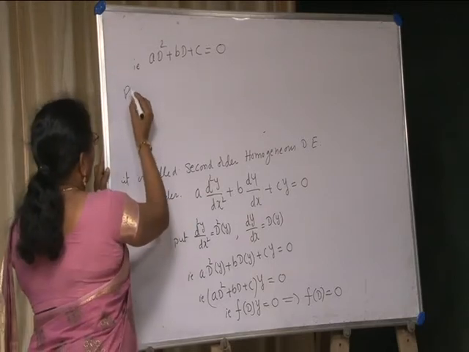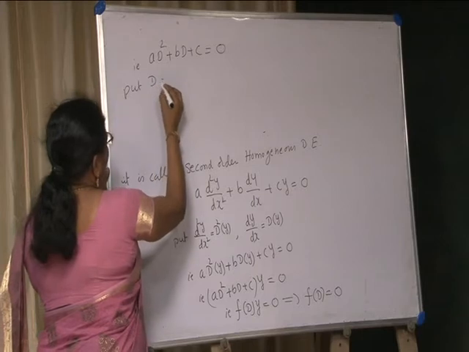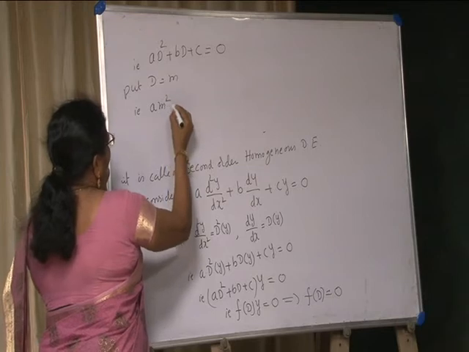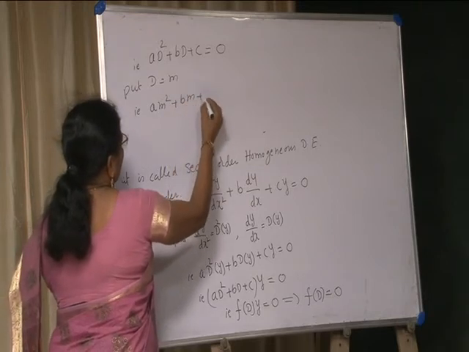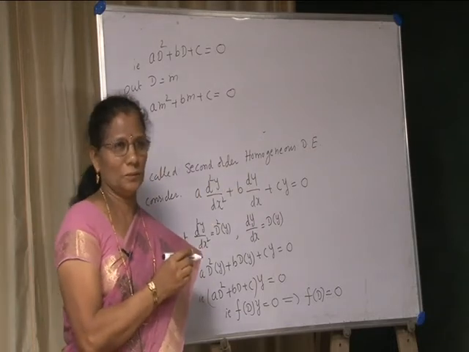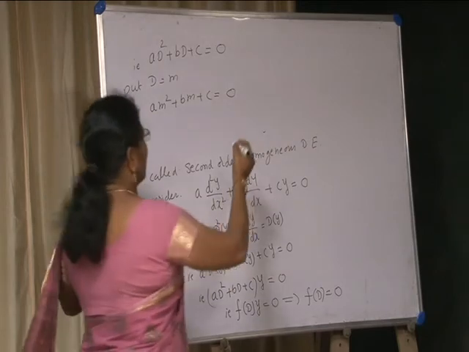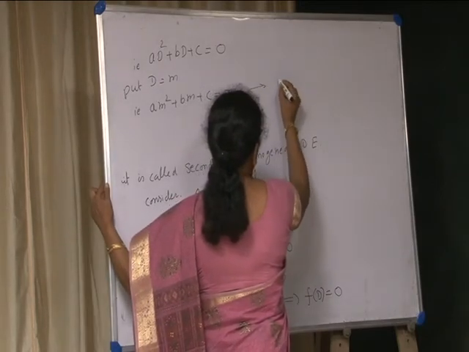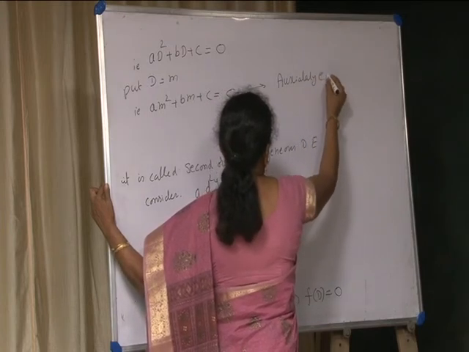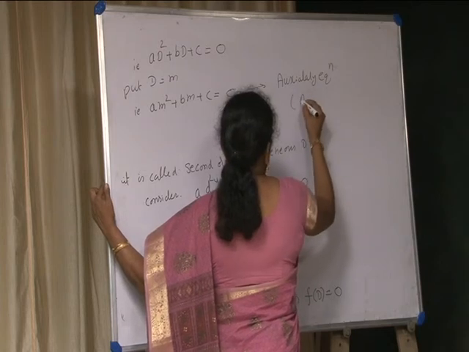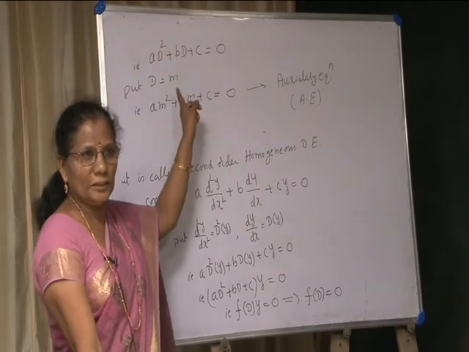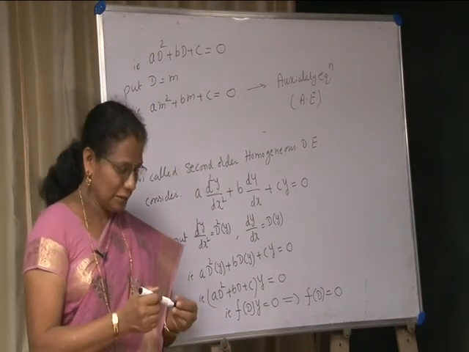Put D equal to m in its place, then it becomes am squared plus bm plus c is equal to 0. This equation is called the auxiliary equation.